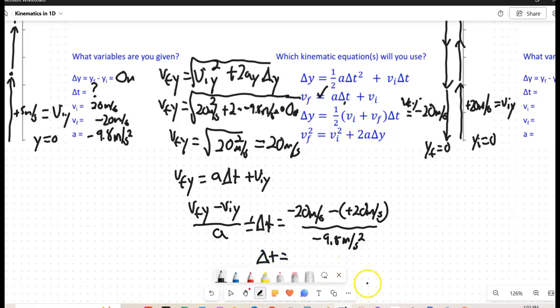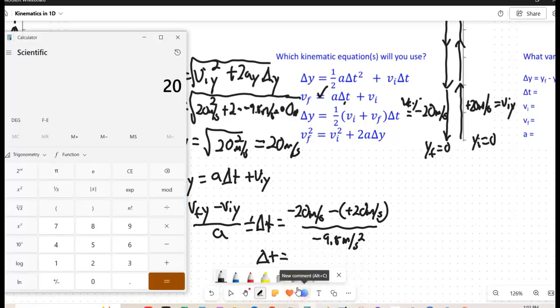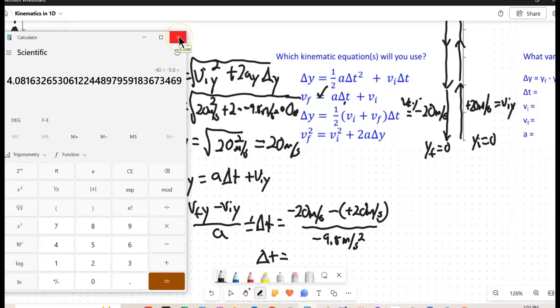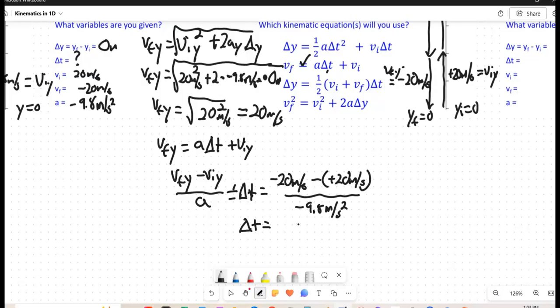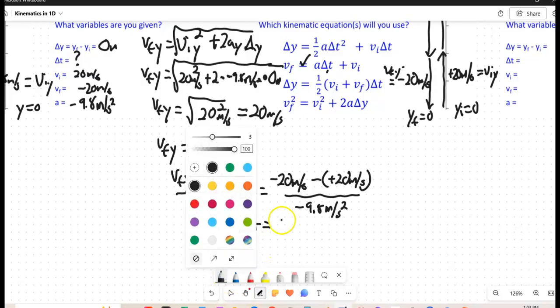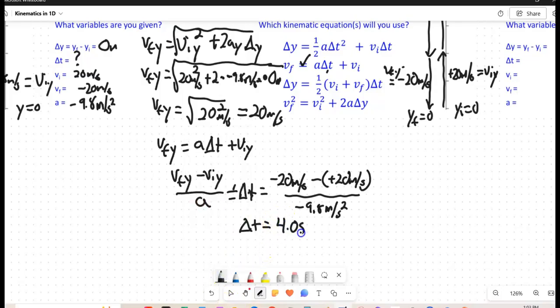So negative 20 minus 20 divided by negative 9.8 is 4.082 seconds. So that is the time of flight from going up to coming back down.